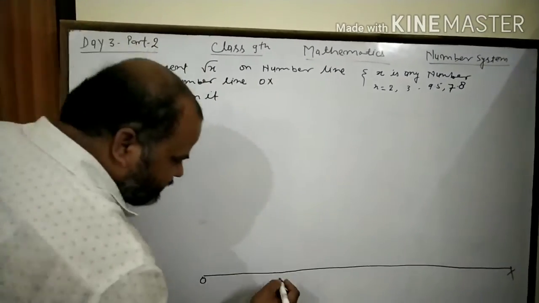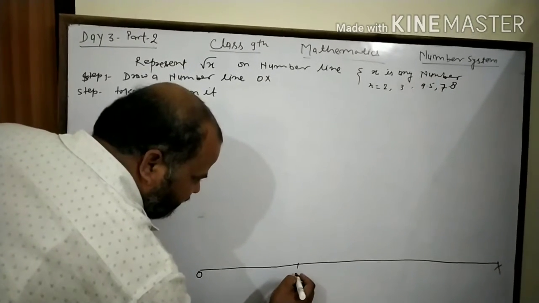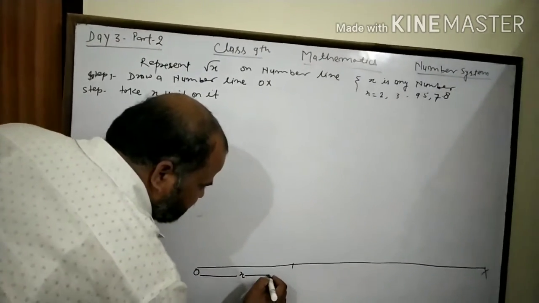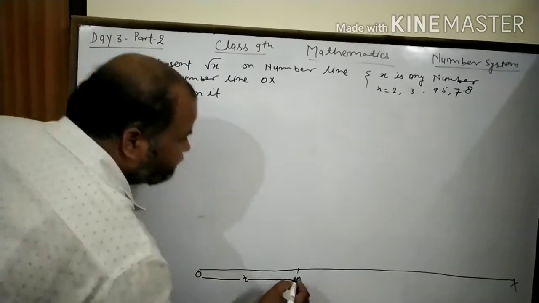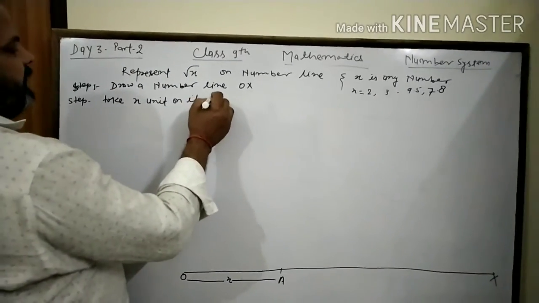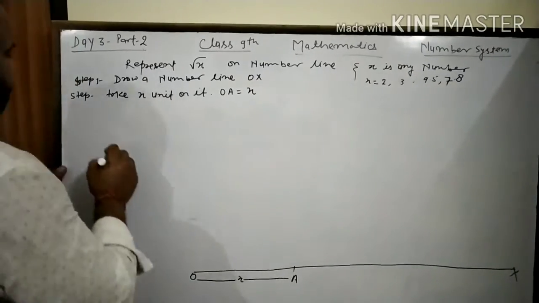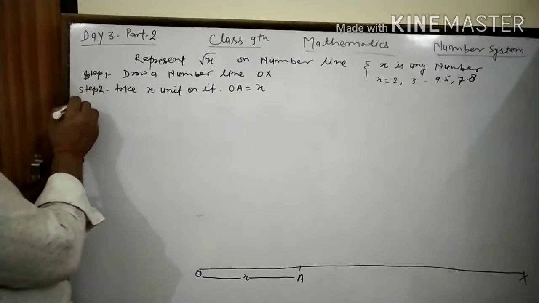We can take x units on it. Then here it is x. This distance is x and it is A, such that OA is equal to x.